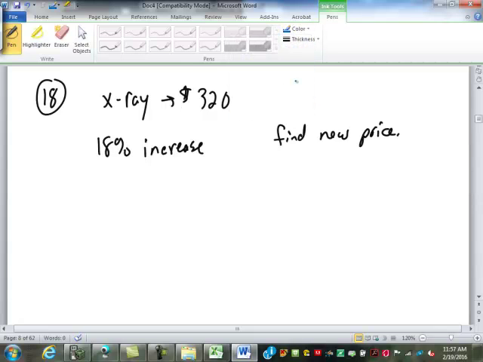So there's two ways we can go about this. 18% increase, 18 out of 100, and find 18% of 320. If we cross multiply and divide there, 18 times 320 divided by 100 should come out to be, what, $57.60, I believe.